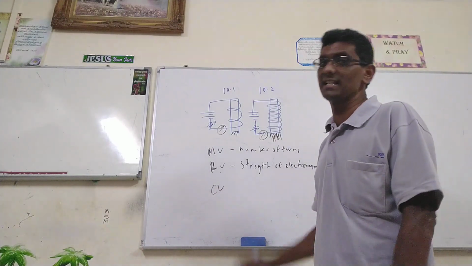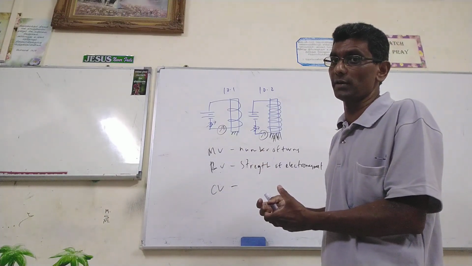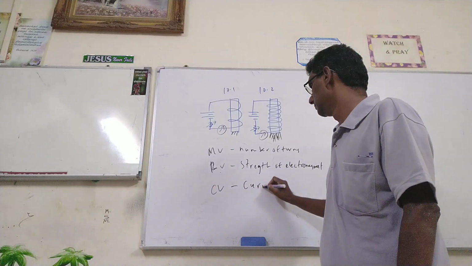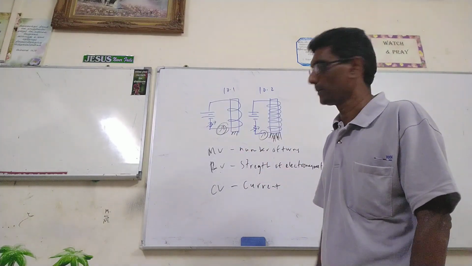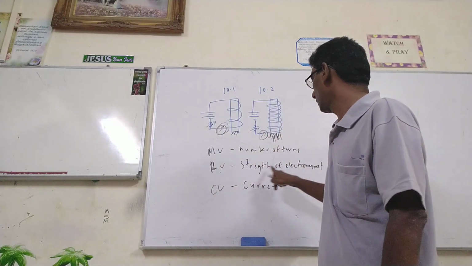What is the CV, the constant variable? Current. The meter reading is the same, so the current is the same.